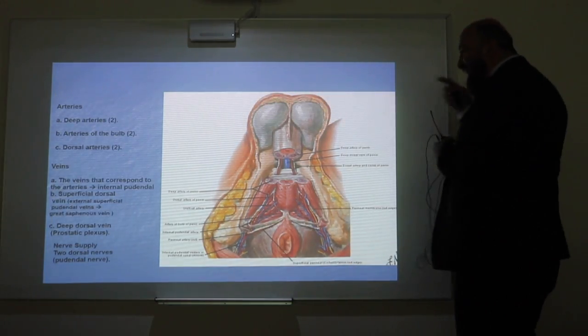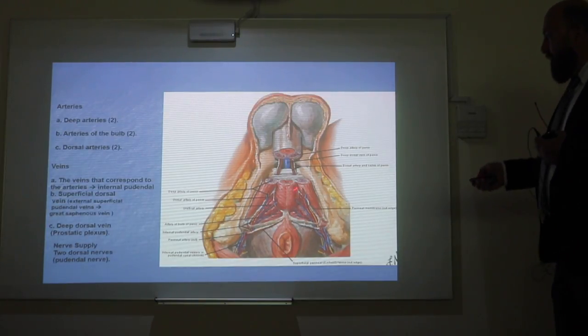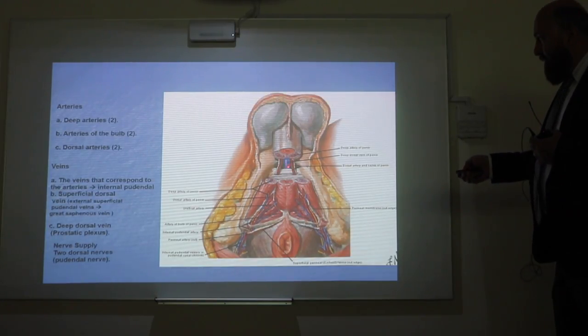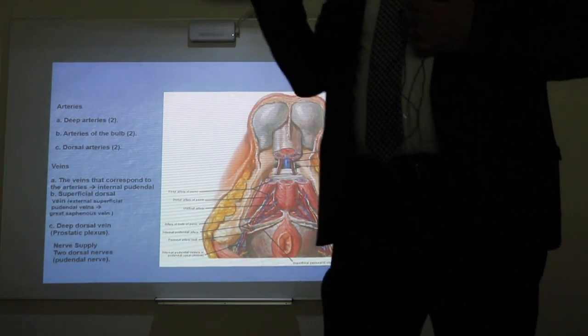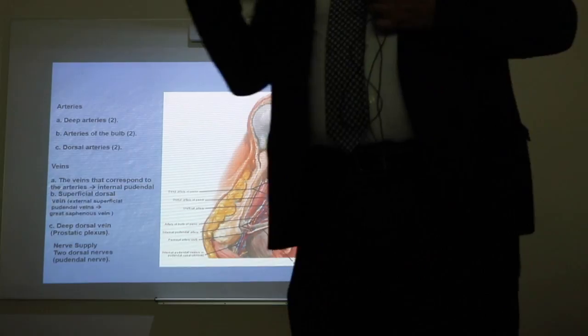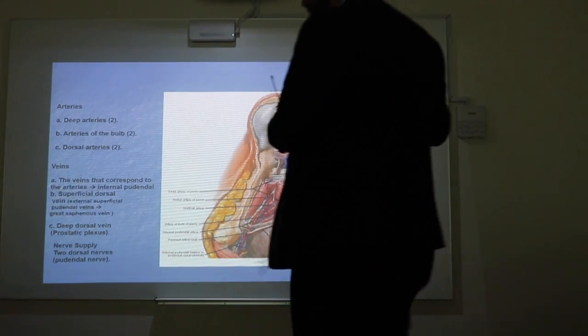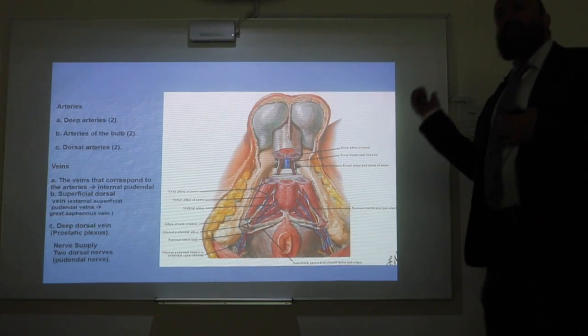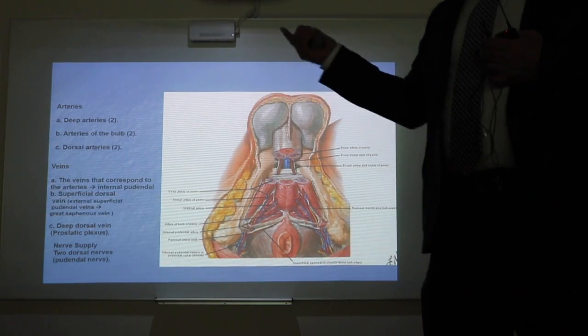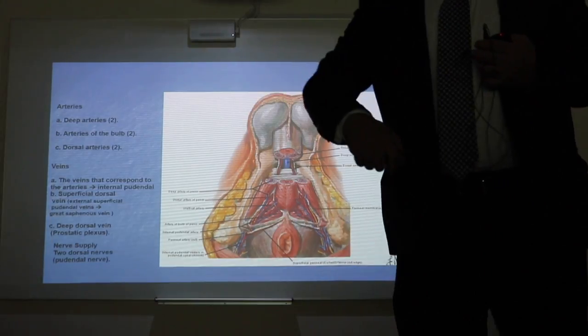So there is a deep dorsal vein also draining the penis, and this deep dorsal vein will go to the prostate, and in females will go to the vesical or bladder venous plexus. So why did we say deep dorsal vein? Because we will have a superficial one.